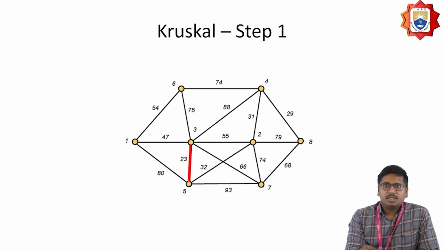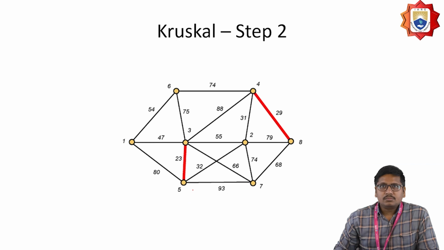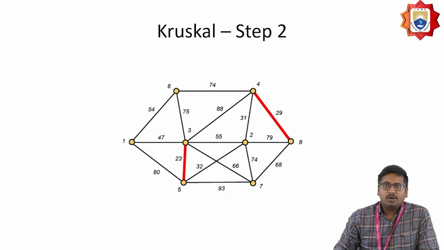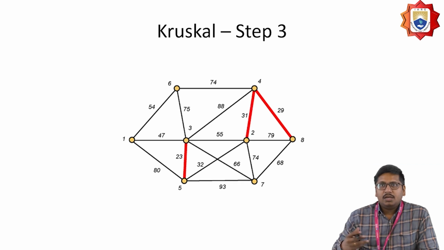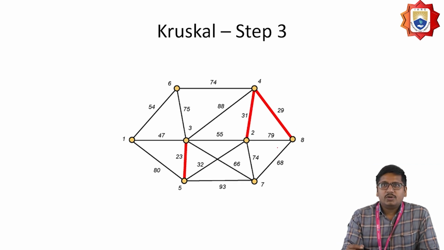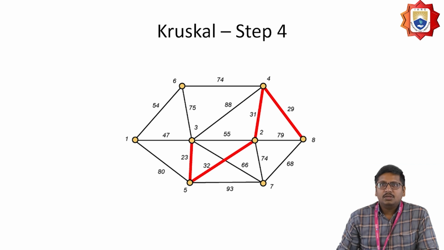That should be 23, so 23 is chosen first, as step one. Step two, after 23, what is the next minimum weight? 29. And the next minimum weight is 31, which is step three. And the next minimum, 32.